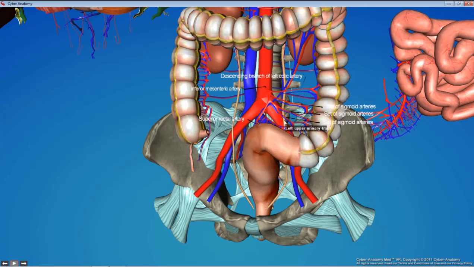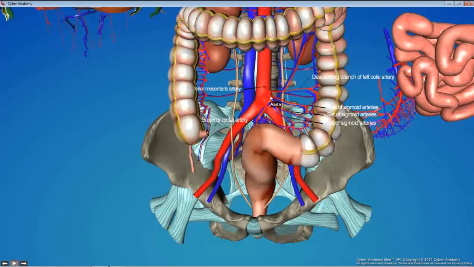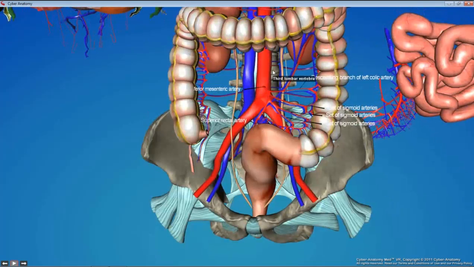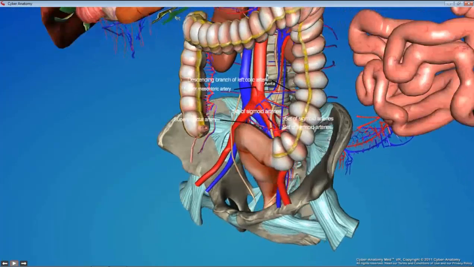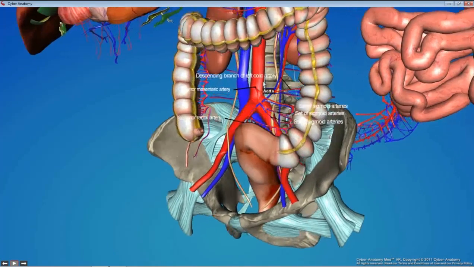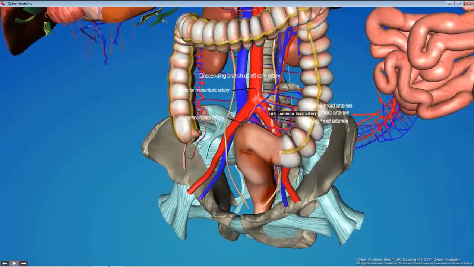There's usually several sigmoidal arteries that are going to the sigmoid colon, and the superior rectal is sort of the termination of the inferior mesenteric as it makes its way down into the pelvis. And again, you'll remember that the inferior mesenteric is usually coming off of the vertebral column around L3. This example looks a little bit lower, but that's generally where we shoot for.